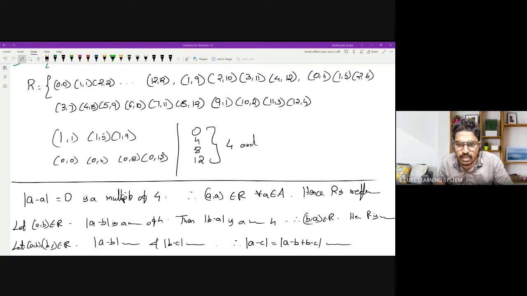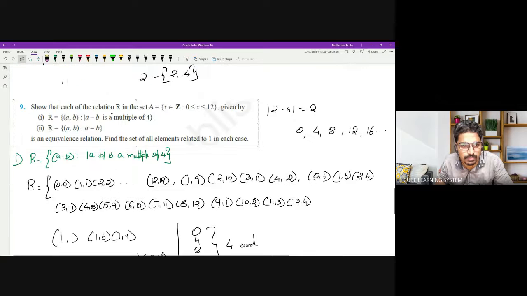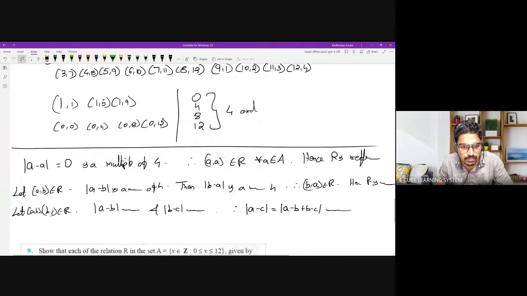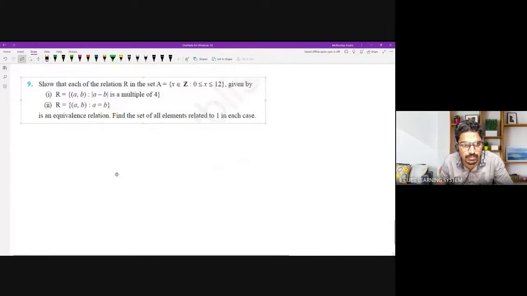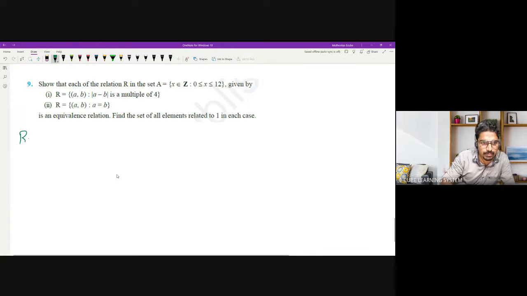Second part, already a simple relation. Set of all (A, B) such that A is equal to B. Maximum 30 seconds to write the set in roster form.